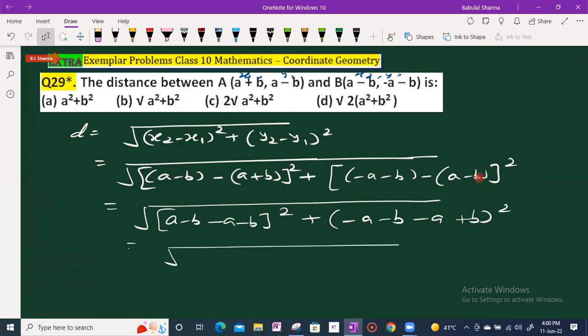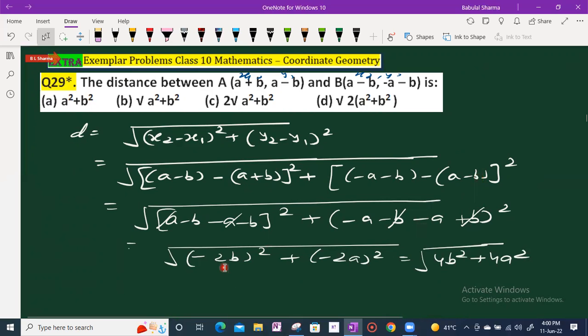Further we can write plus a minus a cancel, that is minus 2b whole square plus b minus b cancel, that is minus 2a whole square. Further we can write 4b square plus 4a square. Minus 2b whole square is 4b square, minus 2a whole square is 4a square.